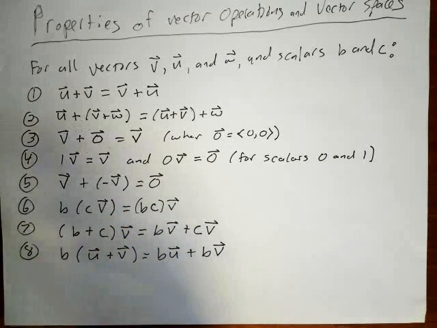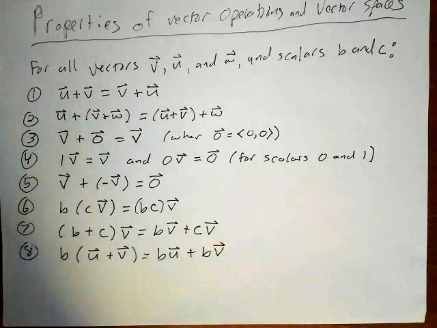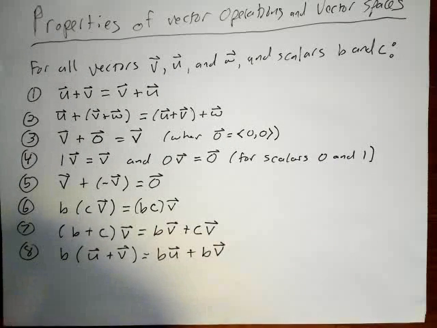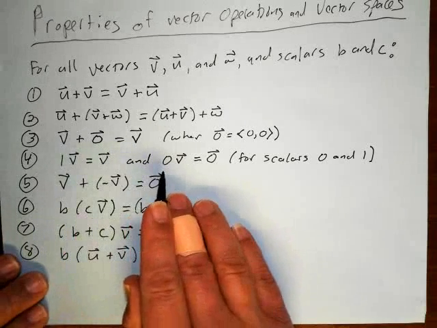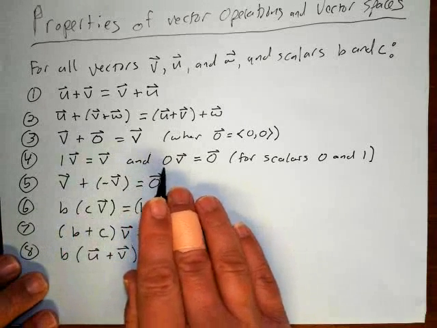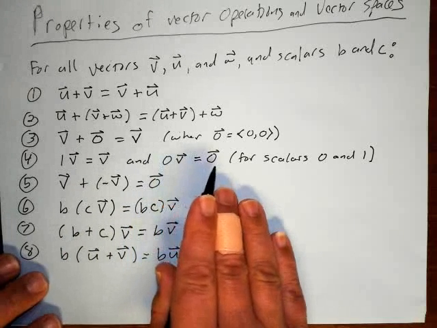Notice that there's no multiplication with vectors. There's only addition and scalar multiplication, but there's no way of taking two vectors and multiplying them together to get a third vector. Also, if you take the scalar 0 and multiply it by V, you'll get the 0 vector.